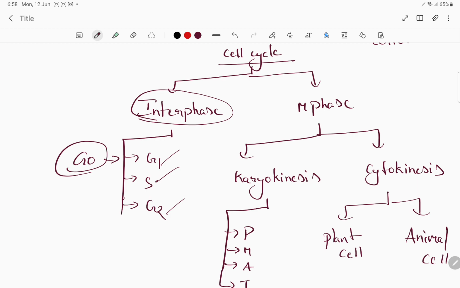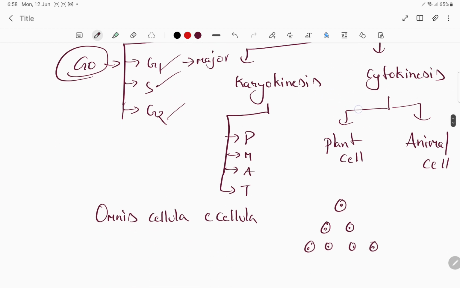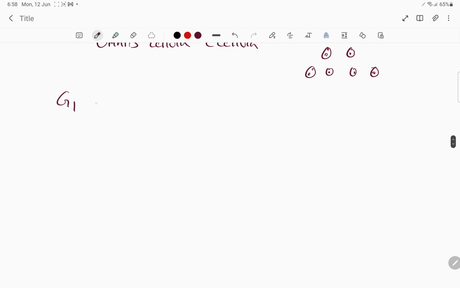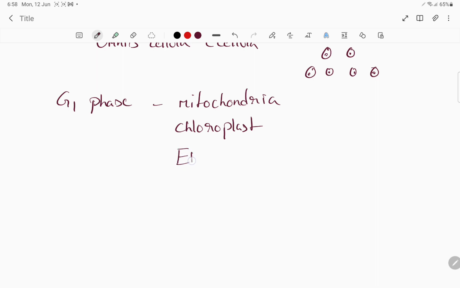During G1, the cell is metabolically active and grows continuously. It occupies the major portion of the cell cycle; out of these three, the majority will be G1. It synthesizes the cell components except DNA: organelles like mitochondria, chloroplast, ER, Golgi bodies, lysosomes. Vacuole cannot be synthesized, it is not needed.